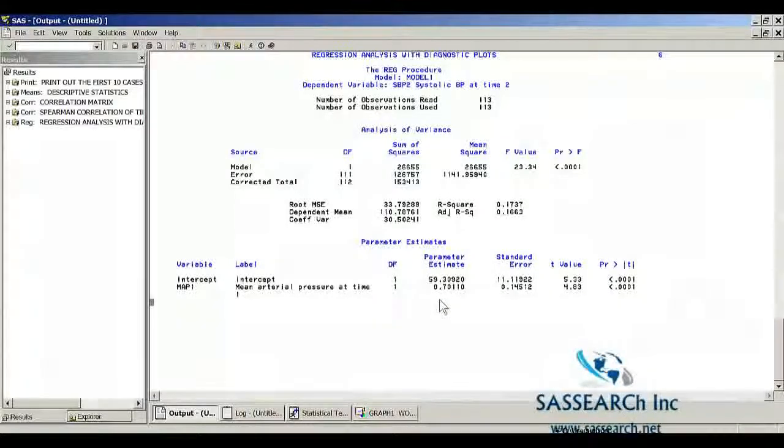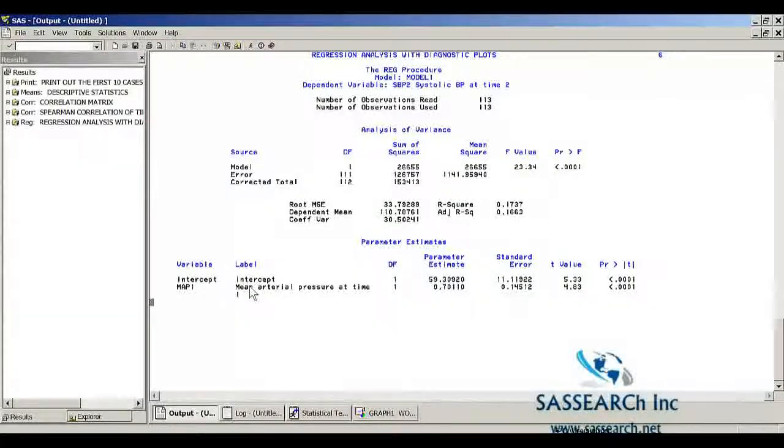Or we could say that for every 1 millimeter of mercury increase in the mean arterial pressure at time 1, the expected increase in systolic blood pressure is 0.70 millimeters of mercury.